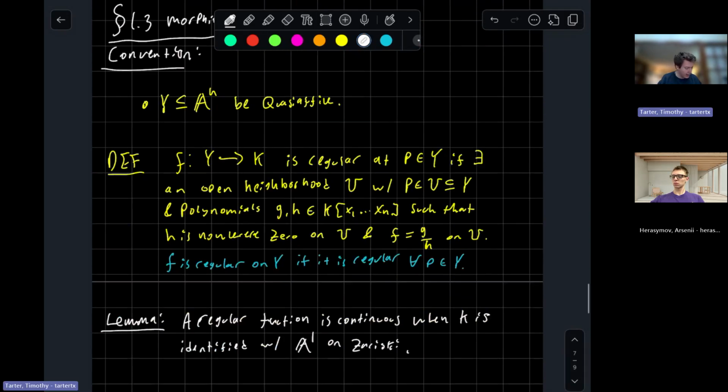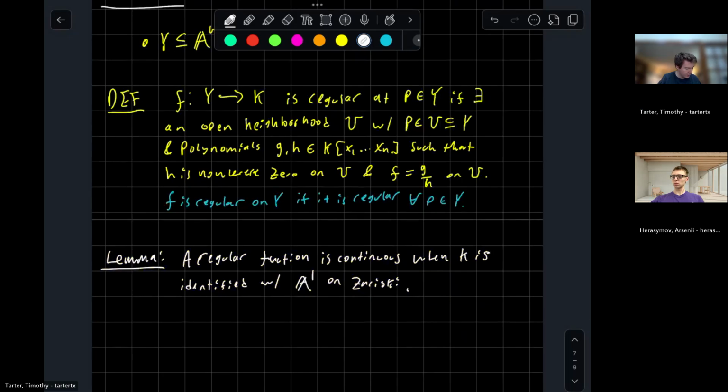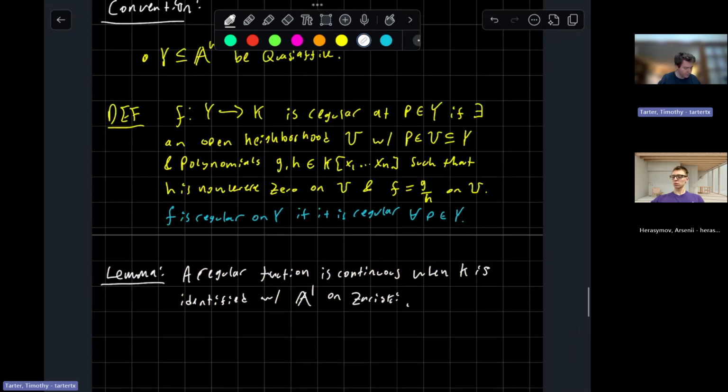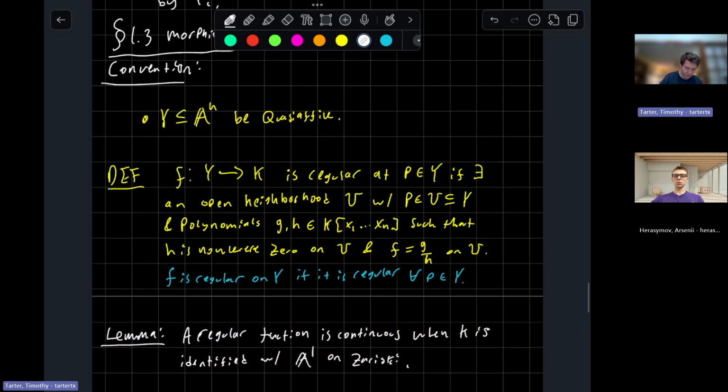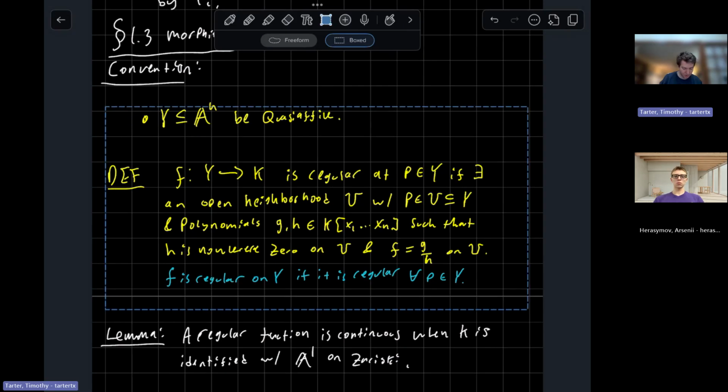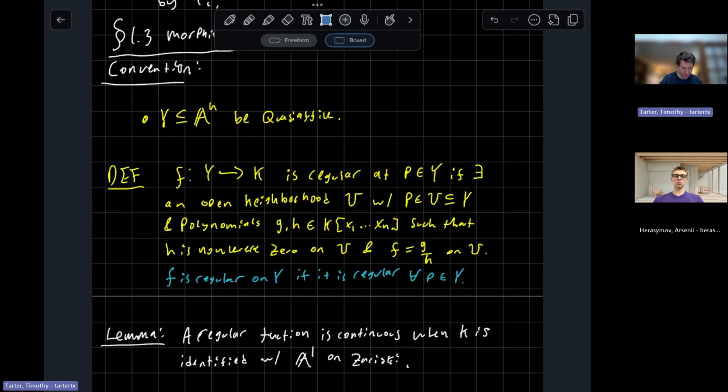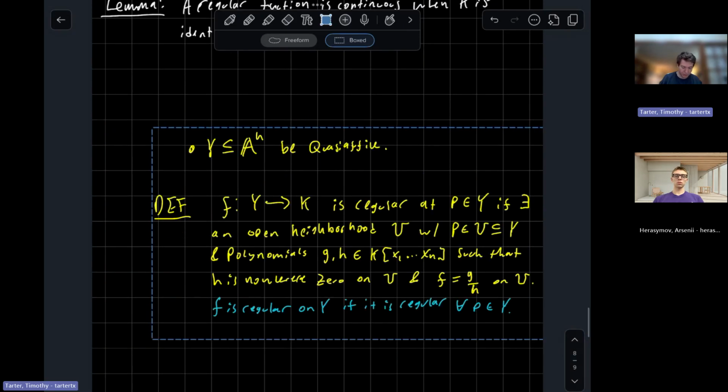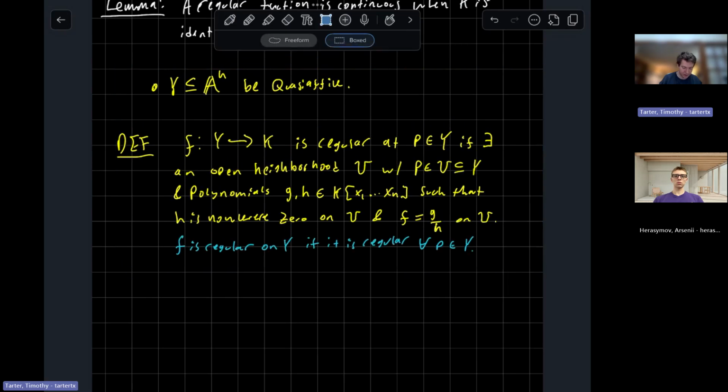Now the analog of this definition is so close that I can actually copy paste almost the entire definition for quasi-projective.